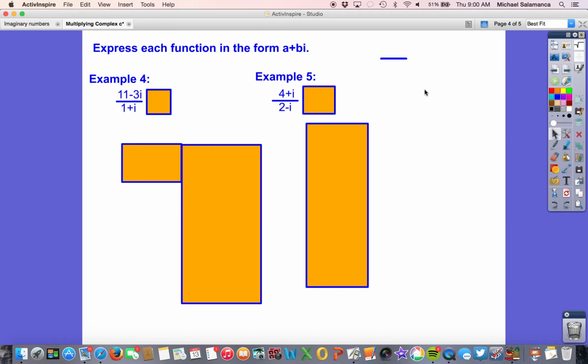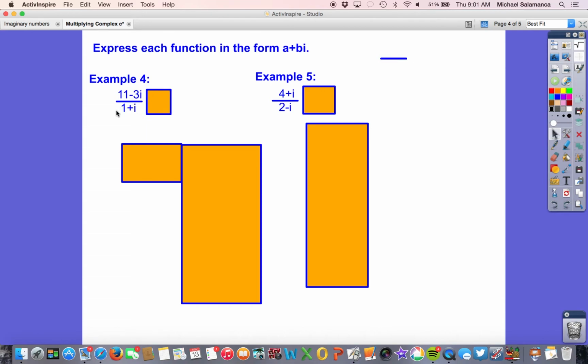So let's try applying this to something a little bit spicier. We have example 4, where we're going to rationalize. So we did this a few chapters back. And what we're trying to do here is make sure that the denominator doesn't have an i. So in order for us to do that, we need to multiply by the conjugate.